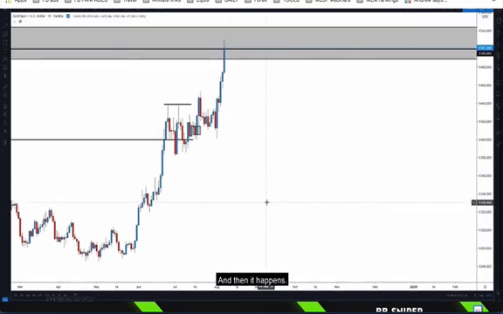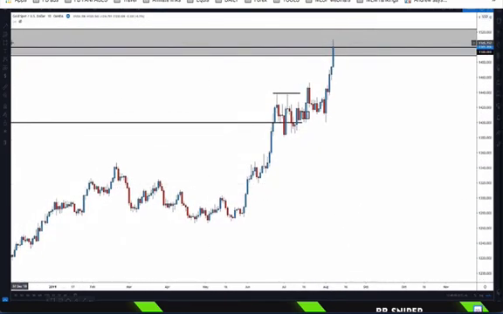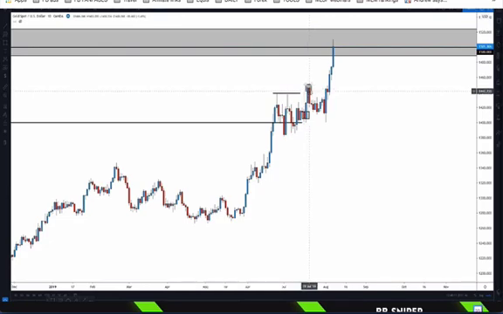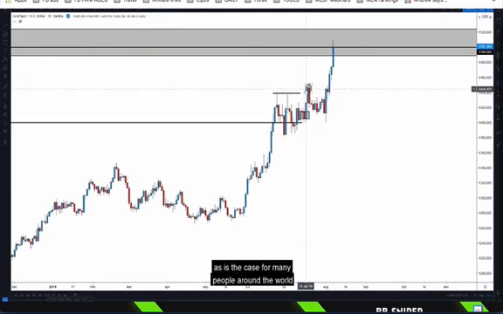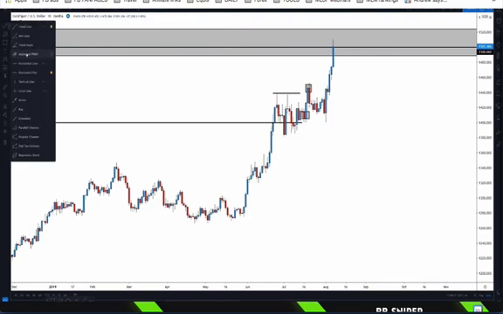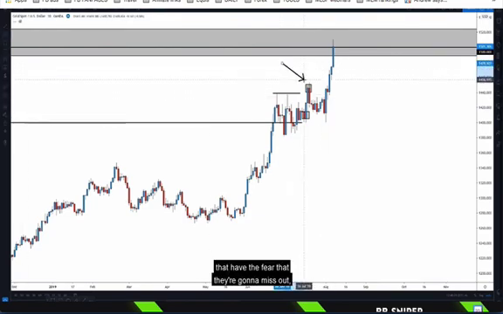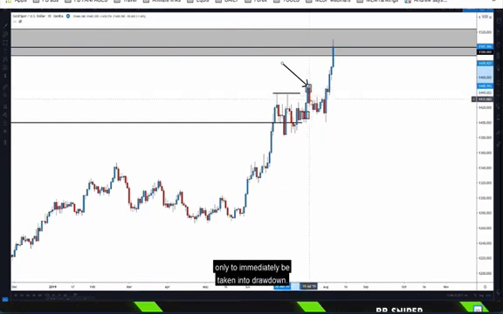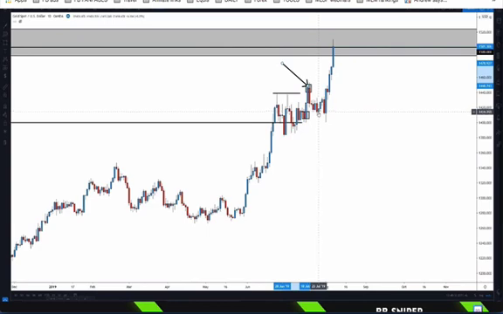And then it happens. You may have been tricked in here, as is the case for many people around the world that have the fear that they're going to miss out, so they end up buying it up here only to immediately be taken into drawdown.